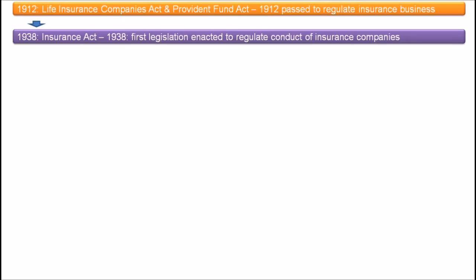Then in 1938, the Insurance Act came into force. It was the first legislation enacted to regulate the conduct of insurance companies. That means all insurers must follow this act, right? So there are rules and regulations to run insurance business in India. This is the first stage where the modern business started from 1938 with all regulations.